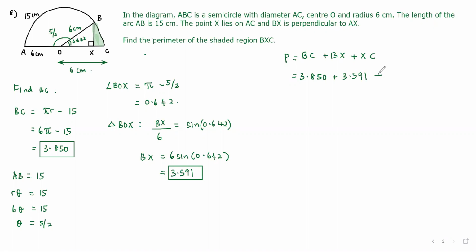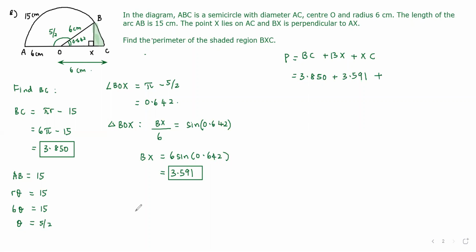The last length that we need to find is XC. As long as you can find OX, you can find XC. OX is the adjacent side to angle BOX, so we can use the cosine ratio. It's faster than using the Pythagorean theorem.